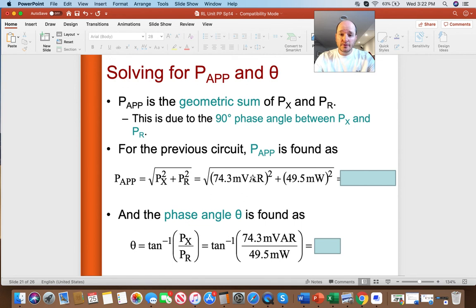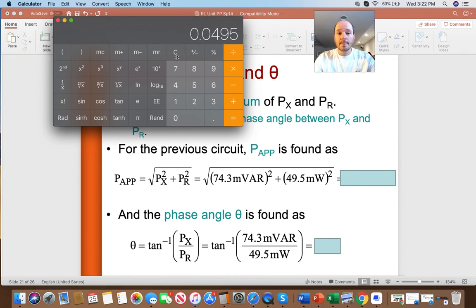Just like our impedance and our voltage total, our power total is calculated using Pythagorean's theorem. You can convert this to watts or VAR out of milli if you want, but since they're both in milli, it is a little easier just to keep them in that form.